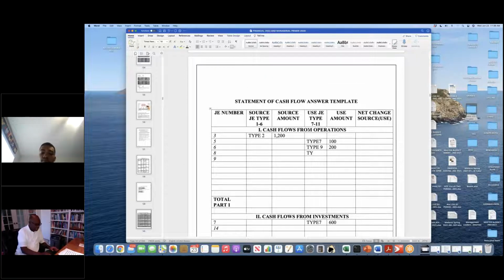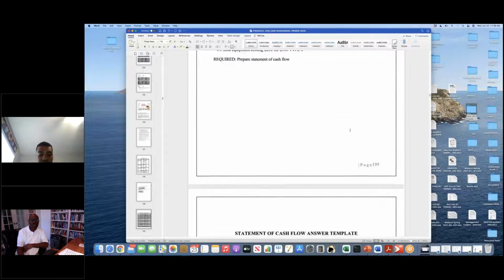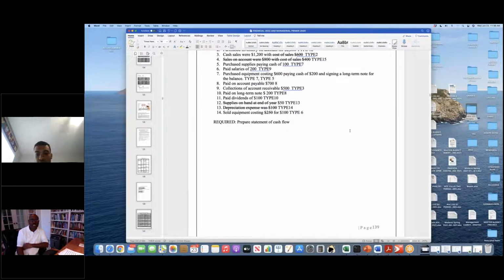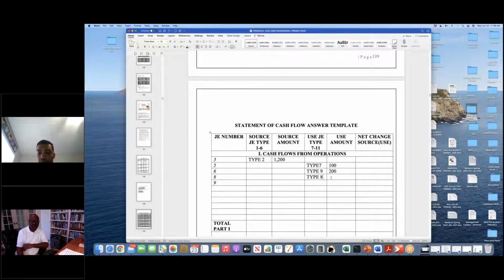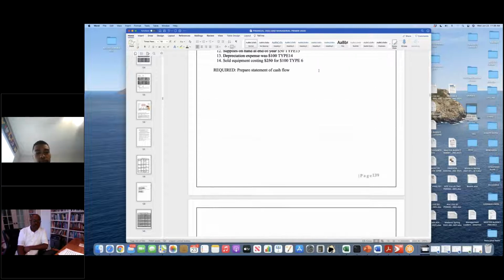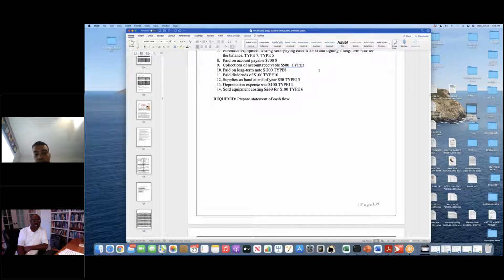It is a type 8. And we said we paid $700. So we're recording our cash transaction. So in essence, we're just recording whatever we debited or credited cash for.